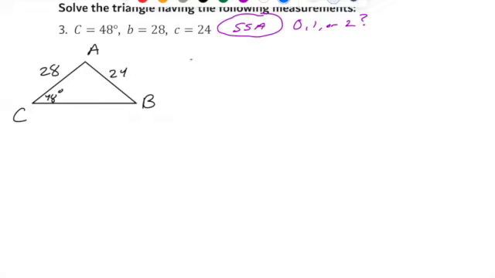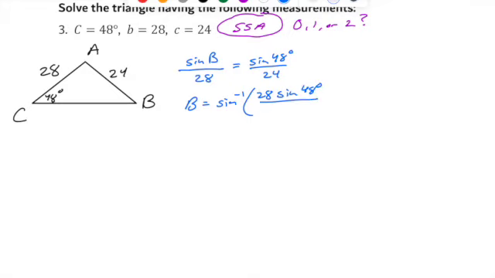Okay, so sine of B over side 28 is equal to sine of 48 degrees over 24. Going to multiply by 28, going to take the inverse sine. You know, these manipulations you get pretty good at when you get 2 or 3 days into this unit. So 28 times sine of 48 degrees divided by that 24.